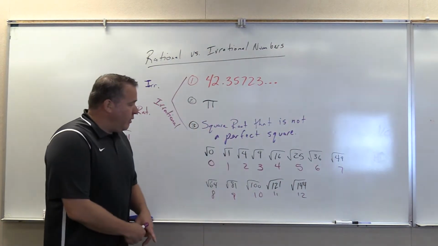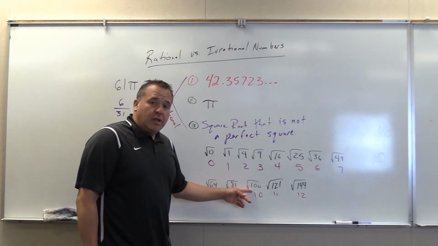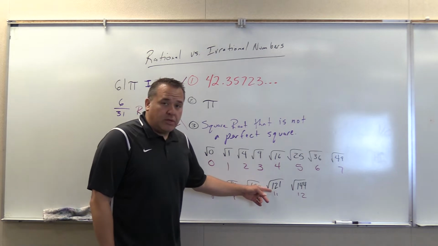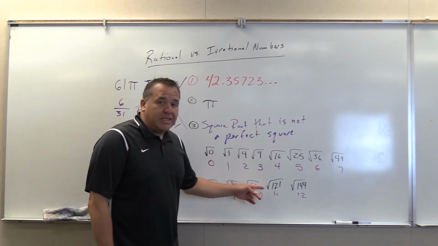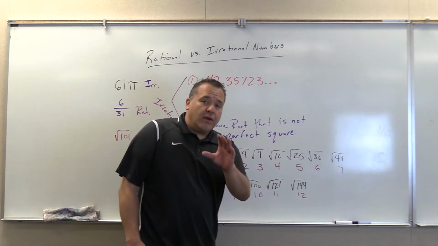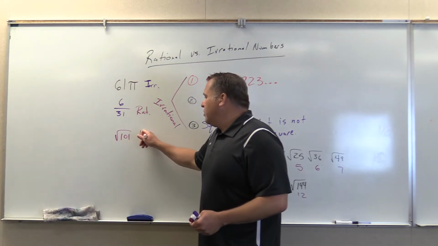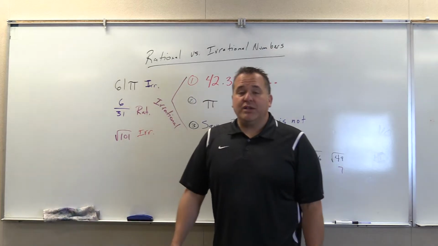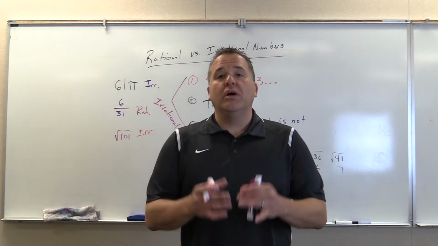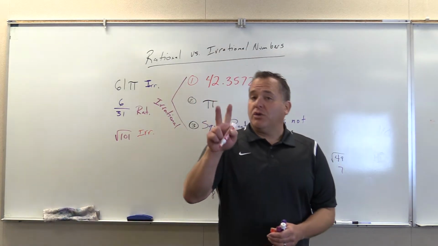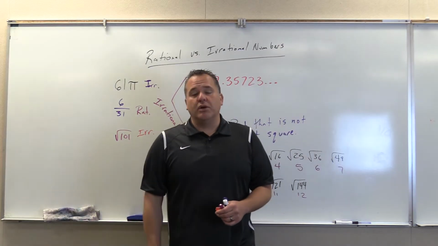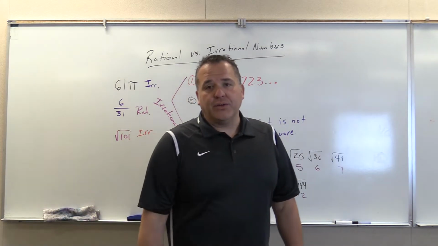So let's look for where 100 is. Oh, here it is. Now look, it goes 100 to 121. Do you see how 101 is not in my chart? Therefore, because it's not in the chart, we know for a fact that this is going to be irrational. Because 101 is not a perfect square. There are not two numbers that multiply together to give you 101. Therefore, it's irrational. All right?